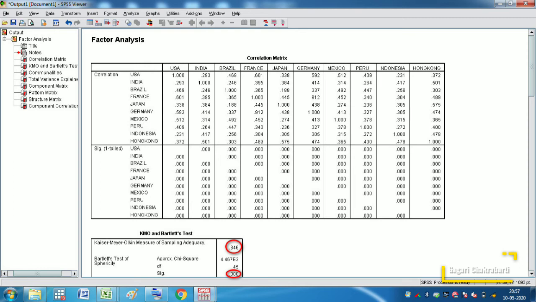Now we go to data reduction under classify in SPSS. The KMO and Bartlett test shows that we can employ the factor analysis.